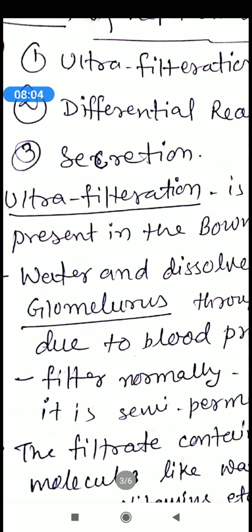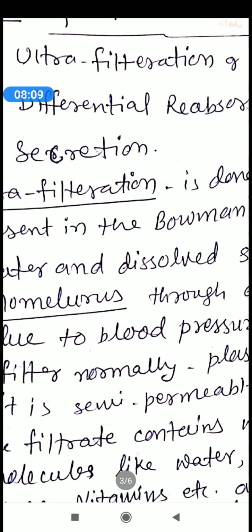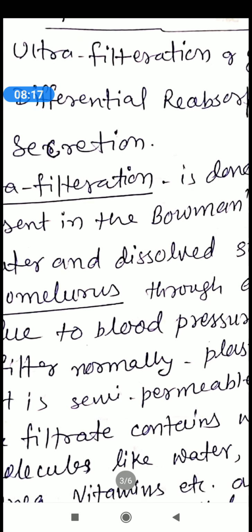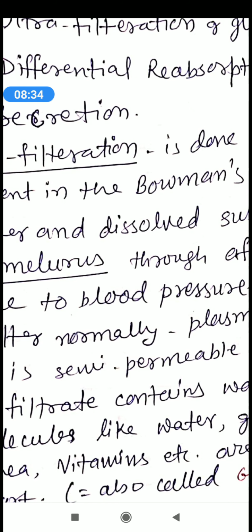Now, ultrafiltration. Ultrafiltration is done in the glomerulus present in the Bowman's capsule. Here, water and dissolved substances enter the glomerulus through afferent arterioles due to blood pressure. The nephron normally does not filter plasma proteins because of a semi-permeable membrane.